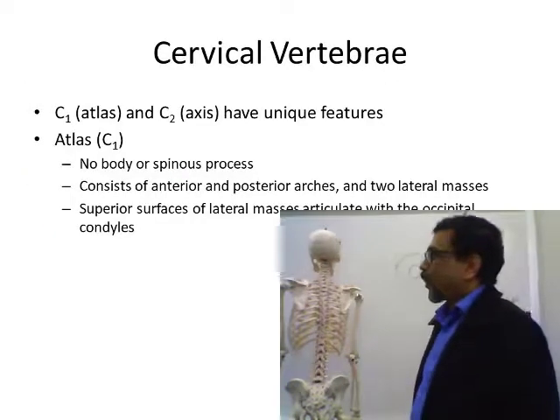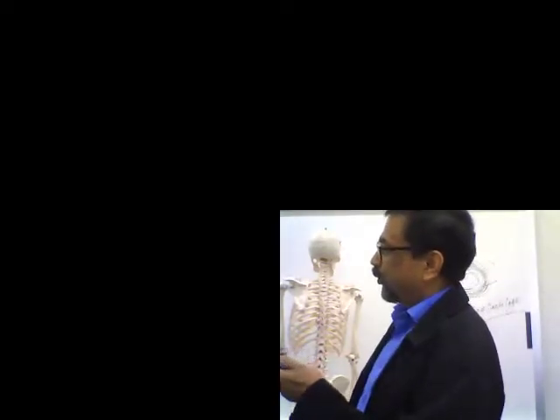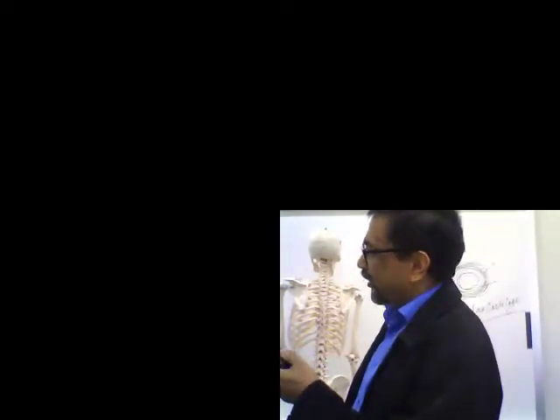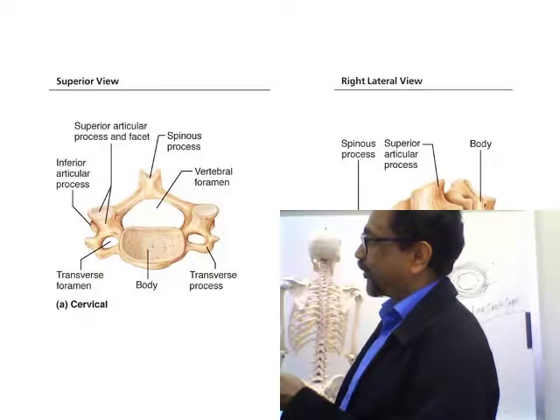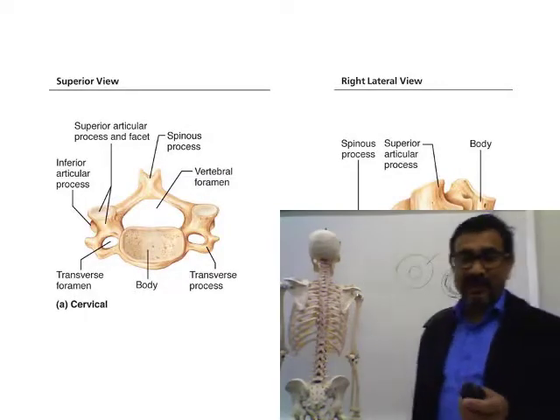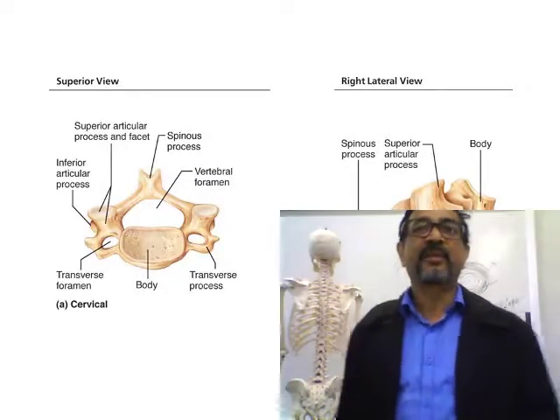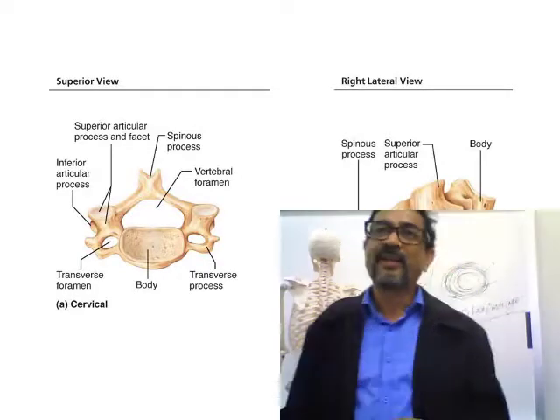First, if you want to identify a typical cervical vertebrae, except C1 and C2, this is the easiest way to identify it. If you see the spinous process, look at this picture.